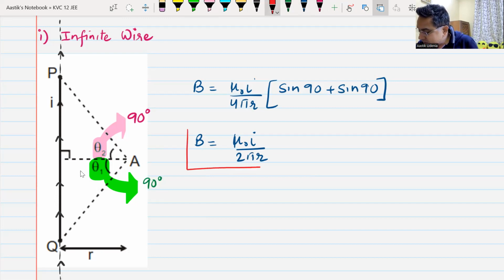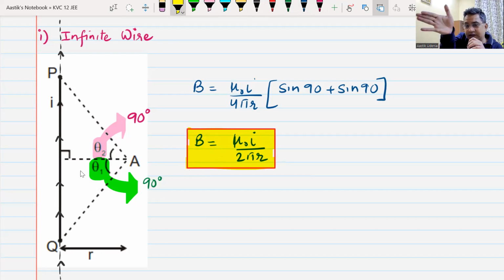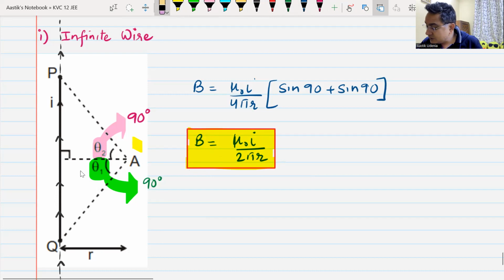This is just a special result of a special case where the wire comes from infinity and goes to infinity. This is the magnitude. Remember, to find the direction, you again have to do the same thing. So you can see that the magnetic field at this point will be going into the plane of the board like this.